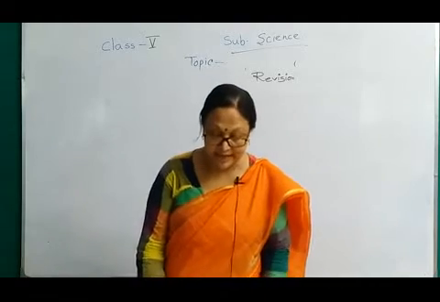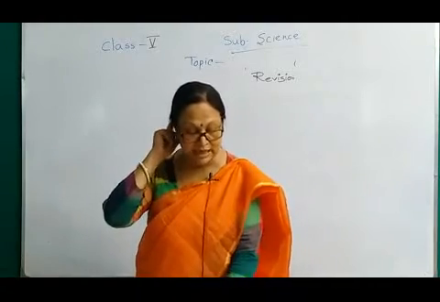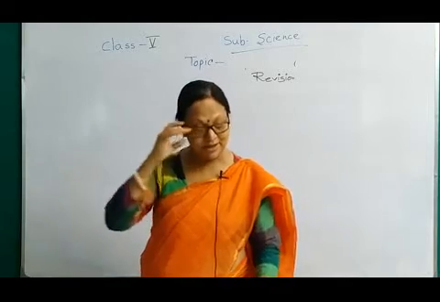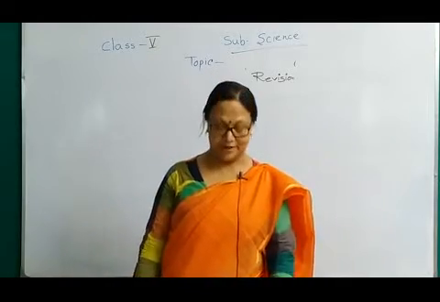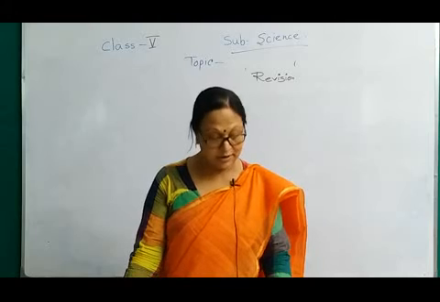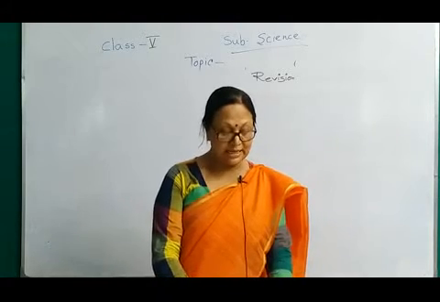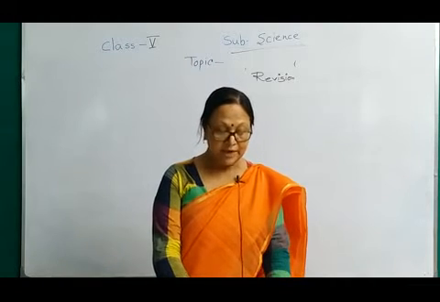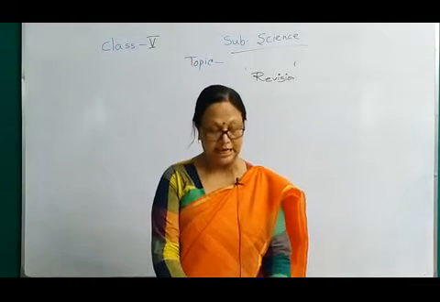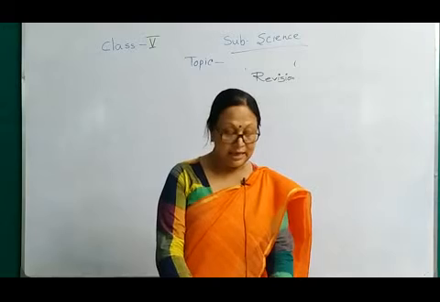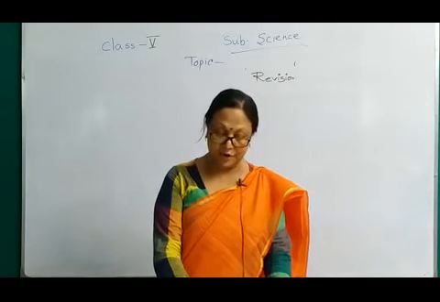Okay. Now the next question is a moral making type question, but still it is a very good question. The statement is, plants give us many useful things without expecting anything in exchange. And the question is, name any 3 things that we get from the plants.